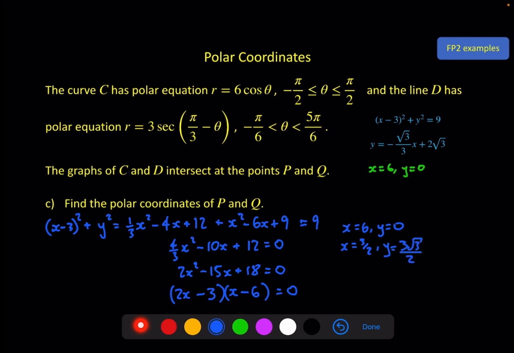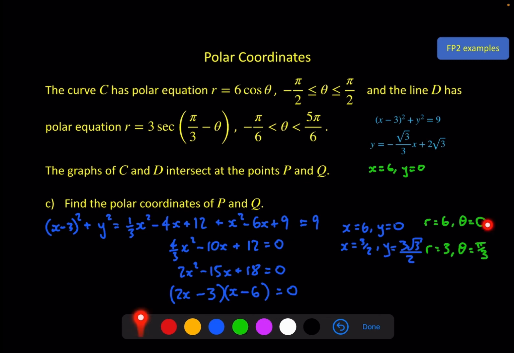And if we use our previous relationships to change these into polar form, x squared plus y squared equals r squared, that gives us r equals 6 for this one. And we know that at that point it was on the x-axis, which is the initial line, so theta equals 0. And if we use x squared plus y squared here, we get r is equal to 3, and theta is equal to the inverse tan of y over x, gives us pi by 3.